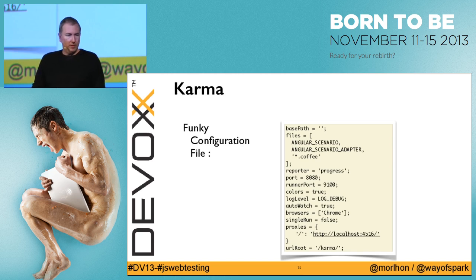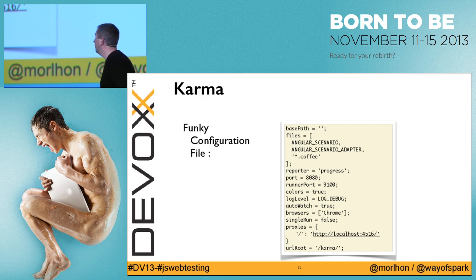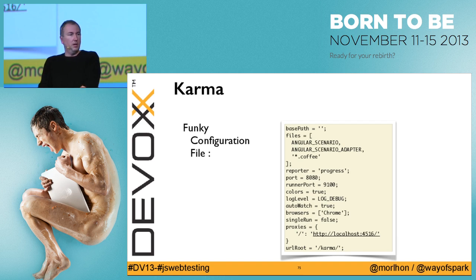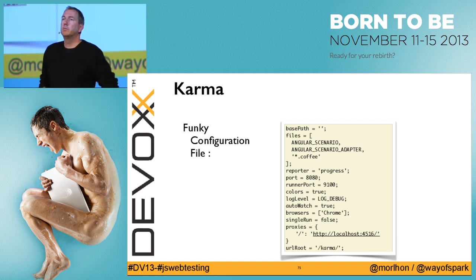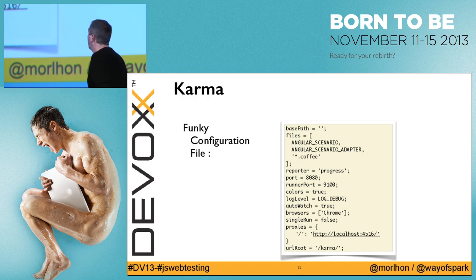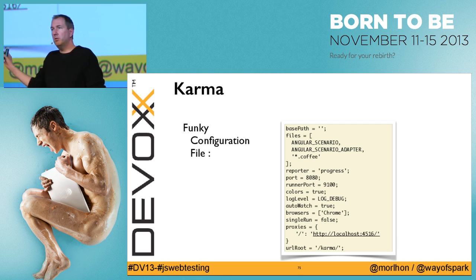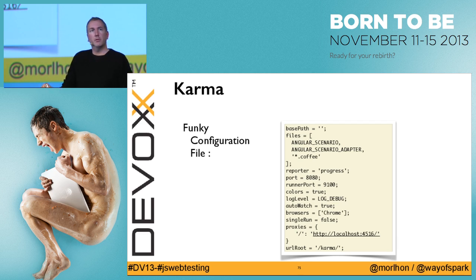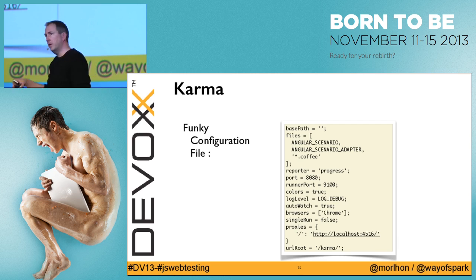So what it looks like, I say funky configuration file because it's very, very heavy, right? I've shown you how to start end-to-end tests with Zombie, and it was like 3 lines of code, right, with no configuration, nothing. You just run, bam, out of the way. You have to write this kind of stuff if you're going to use Karma. They actually have some kind of generator generating a default one that you then have to change things inside.